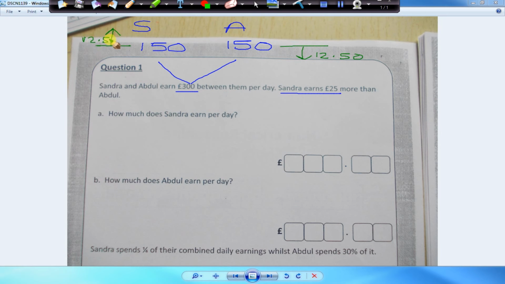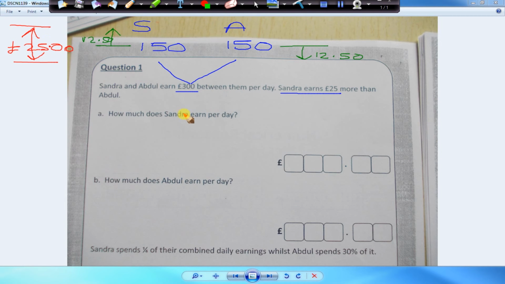If you look over here, we went down by £12.50 and then went up by £12.50. So that gives a total displacement of how much extra? Not £50, pardon me, £25 extra. This one loses £12.50, she gains £12.50, so the net difference is £25 for Sandra.